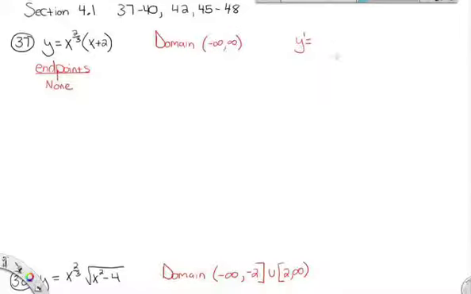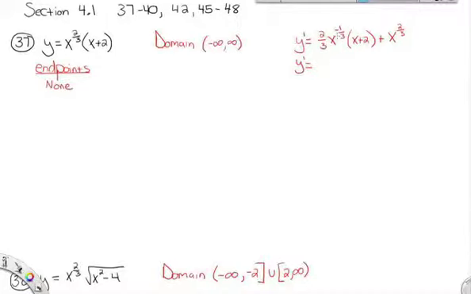and I have to do a product rule. And so I get 2/3 x to the negative 1/3 times x plus 2 plus x to the 2/3 times 1. Alright, and so now I'm going to clean this up briefly.